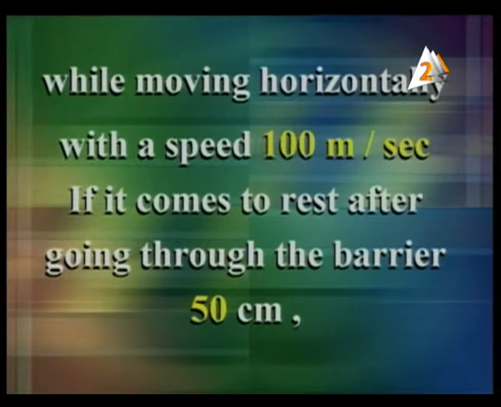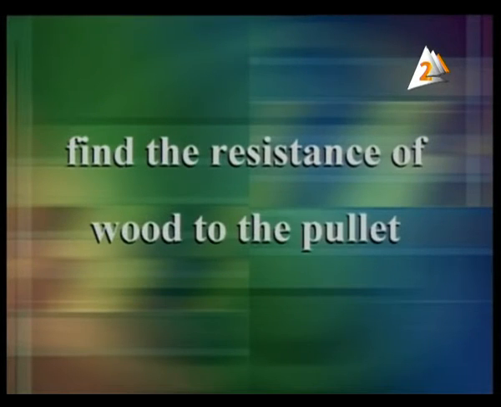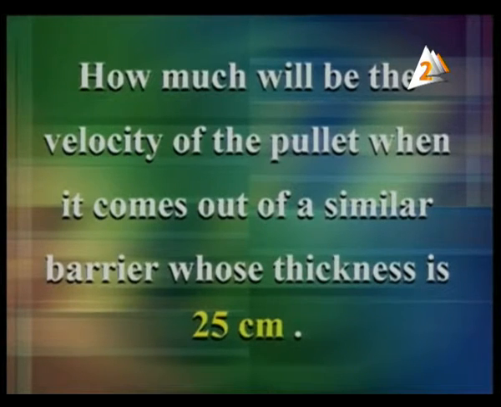If it comes to rest after going through the barrier 50 centimeters, find the resistance of wood to the bullet. How much will be the velocity of the bullet when it comes out of a similar barrier whose thickness is 25 centimeters?